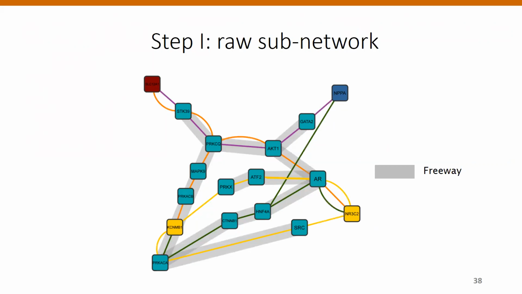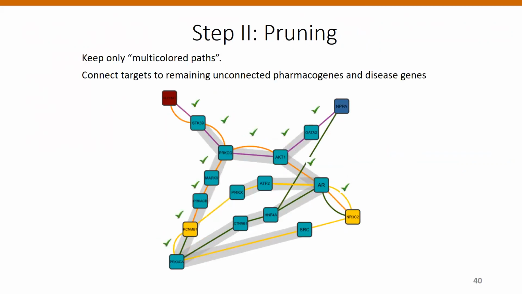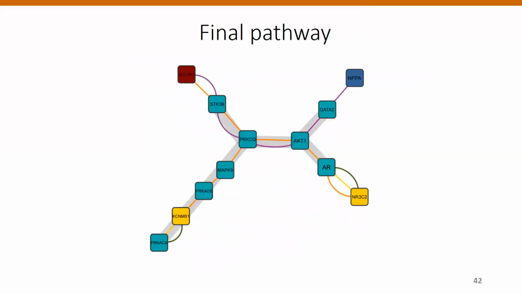And there are freeways and side roads, as you can see. And then we start with pruning this pathway, keeping only multicolored paths because we assume they are more reliable. They are traversed more than once. And then we just manage to connect them further in case they are disconnected, arriving at a final pathway that looks like that.